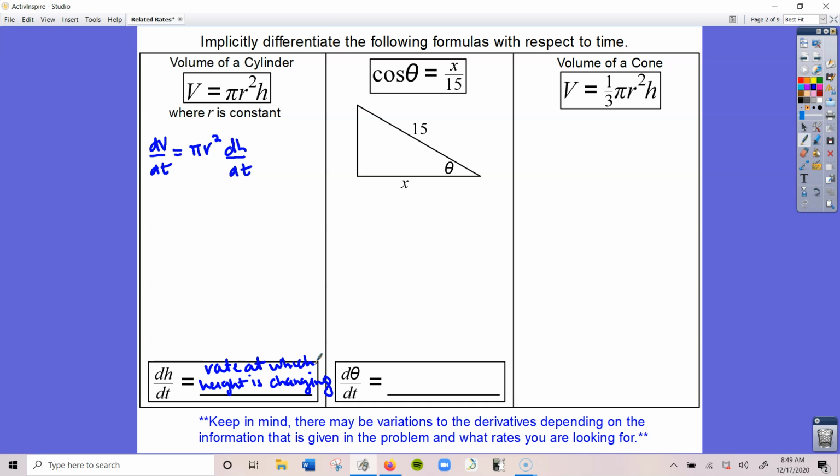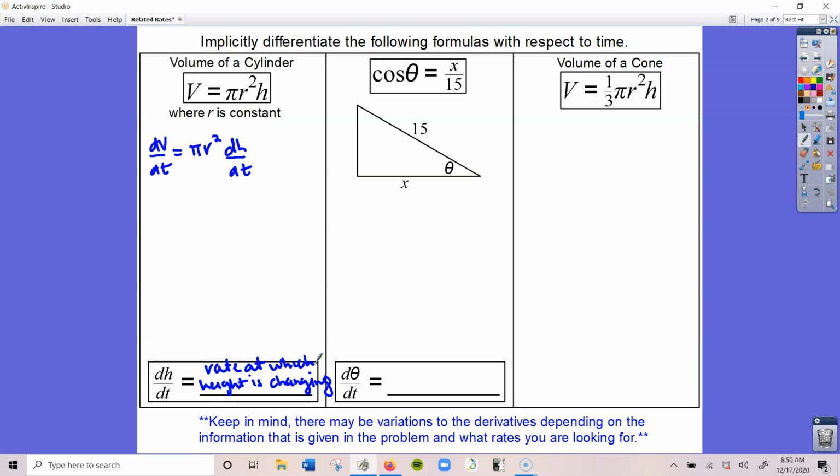Now here we have a triangle where theta is defined and you have side x over 15. You'll see we're not always just going to use cosine, we may use other trigonometric functions, but just so you get the idea of how to solve this, we have cosine theta equal to x over 15.